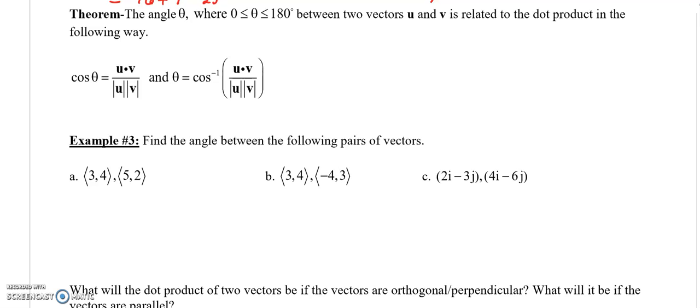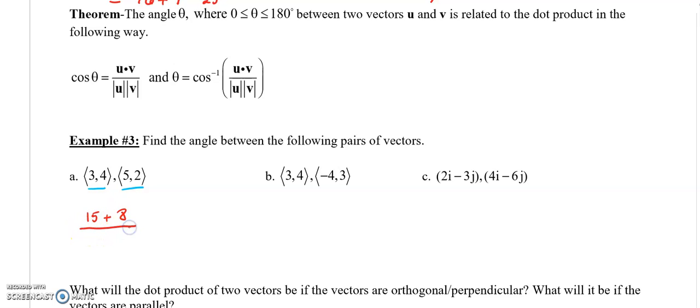So we're going to work through example 3. We're going to find the angle between the pairs of vectors. If I think about the dot product between these two vectors, I'm going to find that I have 3 times 5, which is 15, plus 4 times 2, which is 8.